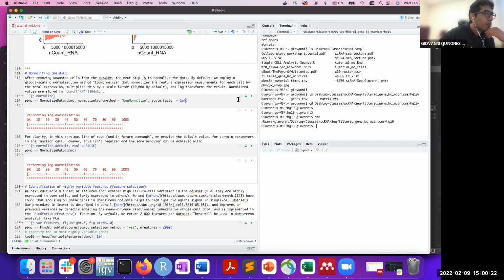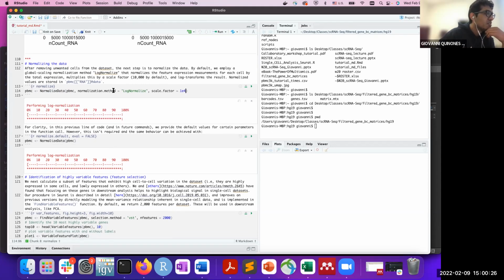And the point that they're making in this tutorial is that you don't need to always specify the parameters. In this case, these are the defaults, so it'll be the same if you run the function with only your Seurat object, the pbmc variable. So we can go ahead and run these two cells.